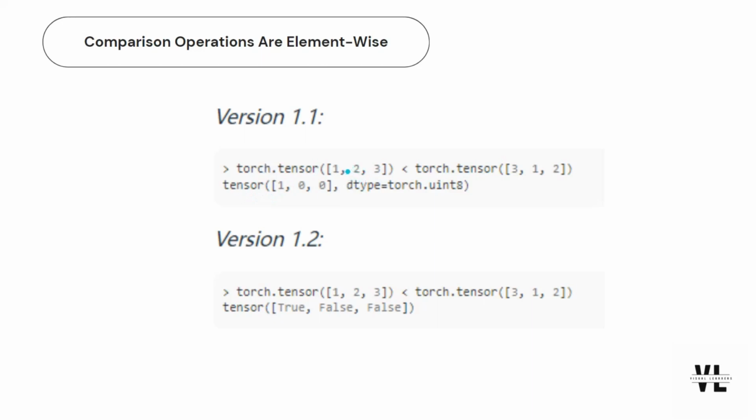And for the rest of the elements, 2 is not less than 1, so it's false, so we have 0. But starting from version 1.2, instead of returning an integer, it's returning a Boolean value. So we get true, false, and false instead of 1, 0, and 0. This is a minor detail that we must remember, because when we perform these types of operations, we need to understand what the data type of the returned tensor is.